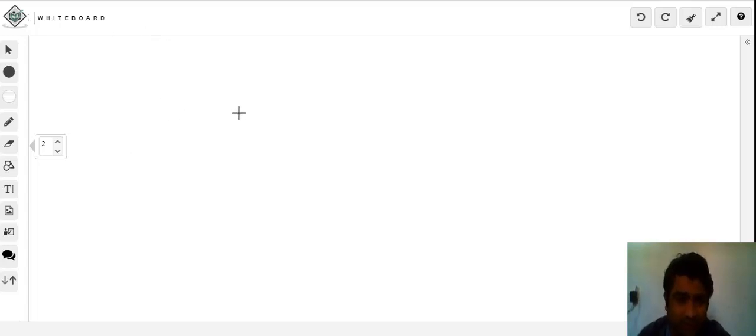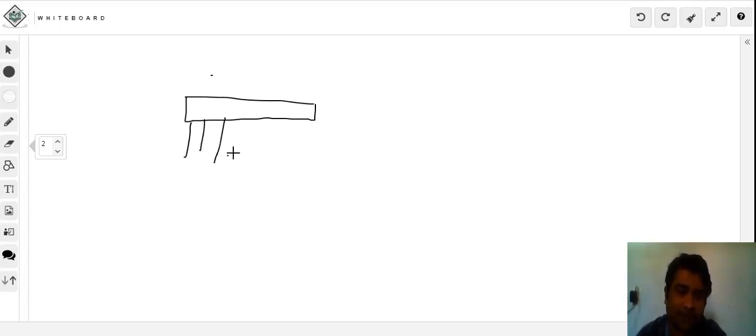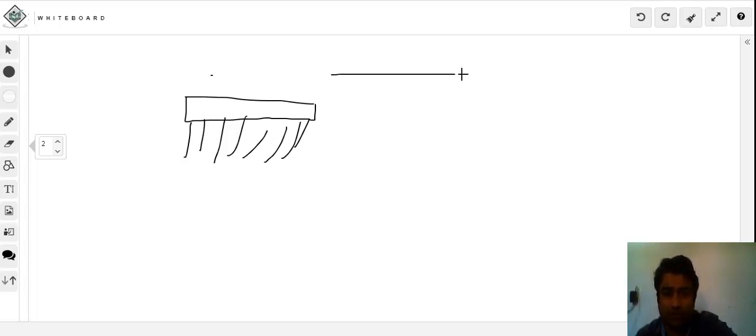Now look at thermal stress. Suppose this is a steel rod and we are heating it. It will try to expand. The rod will expand due to thermal expansion. But what will happen if I block it?